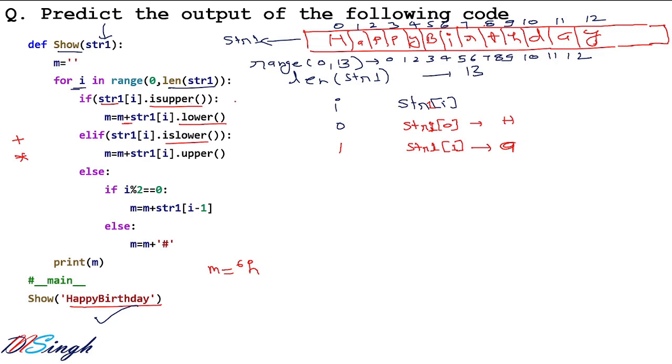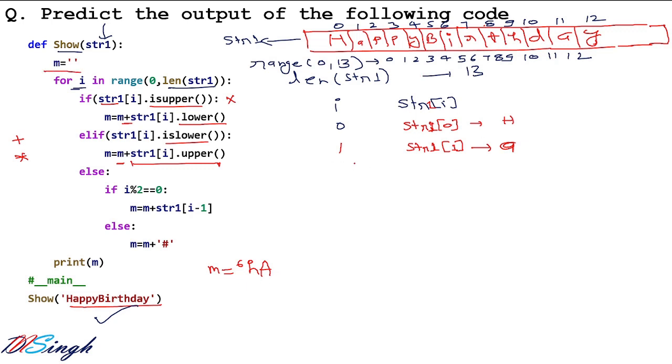No, so this condition becomes false. And the next condition, is it in lowercase? Yes, this condition becomes true. So here it is going to convert the letter first into uppercase and then concatenate with the previous string m. So it will be converting it into uppercase and concatenating in the string, which is null in the starting.